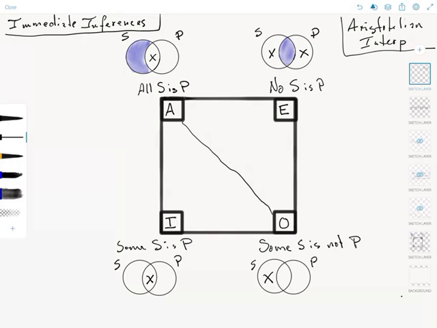It goes across the diagonal. And what we'll see is that these diagonal relationships work in a similar way, and for that reason, we call them by the same name. They're called contradictories. How do contradictories behave? We can work this out by using models.